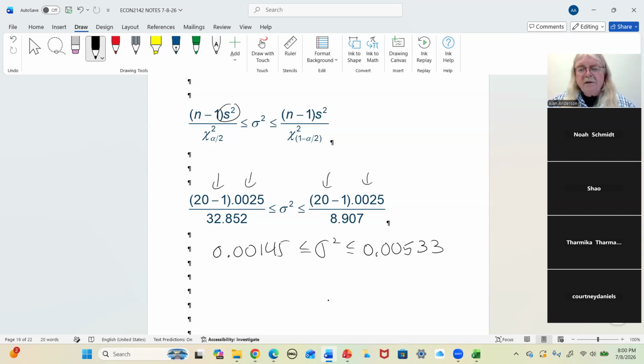And if we really were interested in the standard deviations, although it doesn't ask us to do this, you would take the square root of first 0.00145 and 0.00533 on the right-hand side, square root, and it's about 0.073 by taking the square roots.